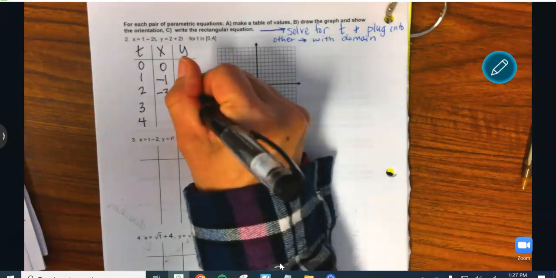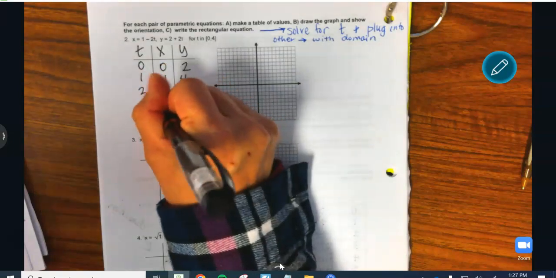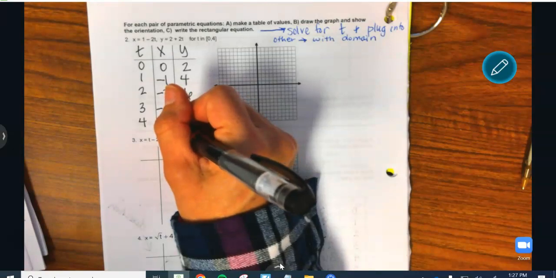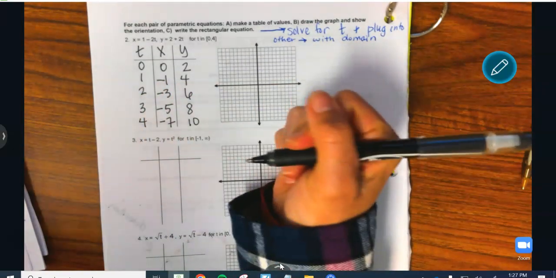We're just plugging these in and doing our mental math here. When we plug in positive 2, we're going to get negative 3. This is going to turn into a 6. When we plug in a positive 3, and then when we plug in a positive 4, this is a negative 7, and that's a 10.